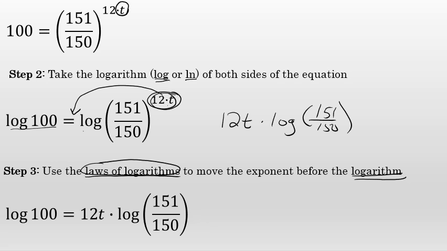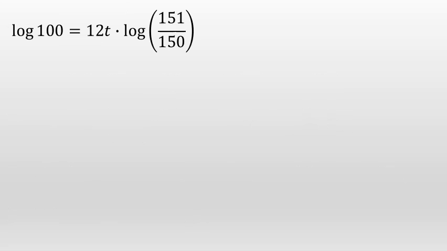Once you move that exponent out to the front, the variable is no longer in an exponent. The equation becomes much simpler to solve. I can solve this equation by simply using algebra to isolate the variable.